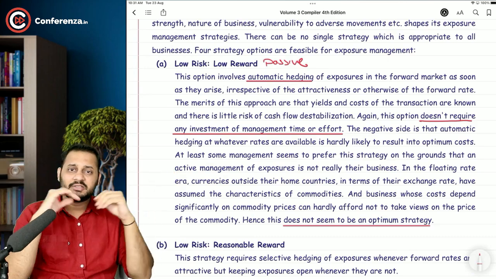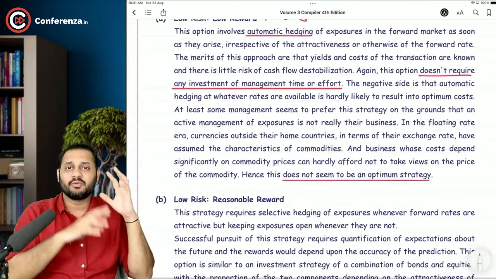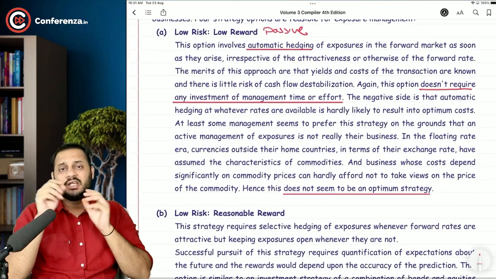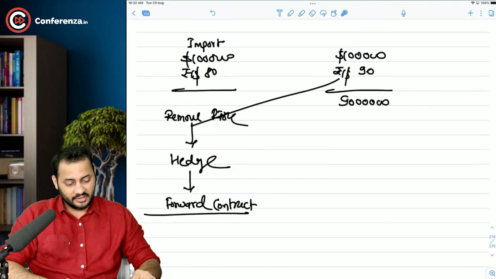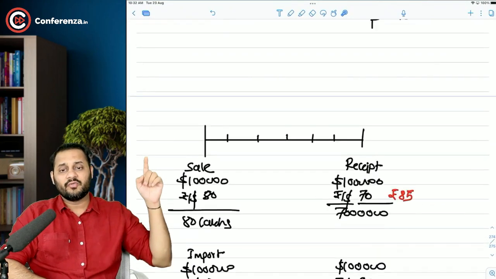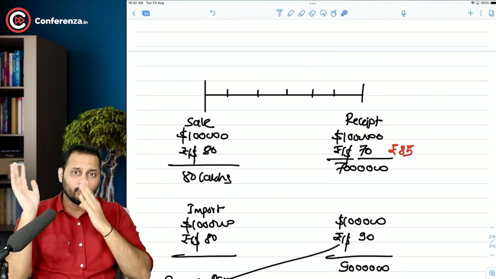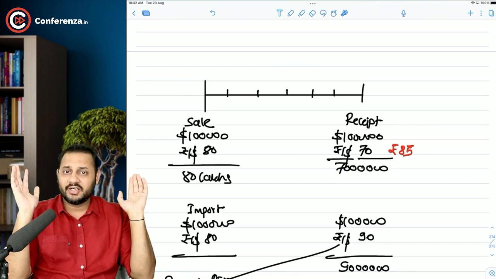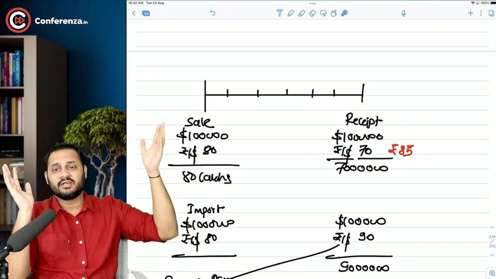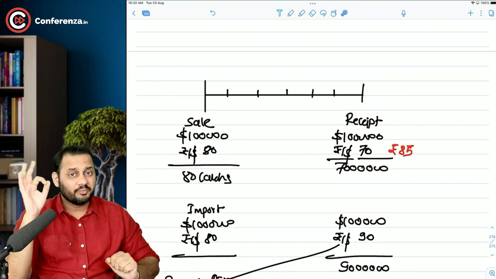So automatic hedging means there is no manual intervention of whether this particular transaction should be hedged or not. Now understand that if you are doing around 20 transactions of sale in a month, in the first part where low risk low reward is there, you are hedging all the 20 transactions automatically, whether it is sales or purchase, so complete hedging is done.